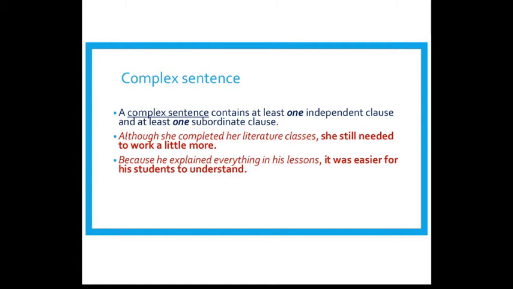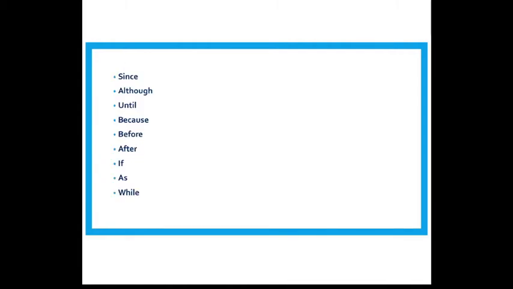So this is an example of the whole thing, and of how we can make these three types of sentences: simple, complex and compound. Now let's move forward to how we can make complex sentences. There are different conjunctions: since, although, until, because, before, after, if, as, while, and there are more.